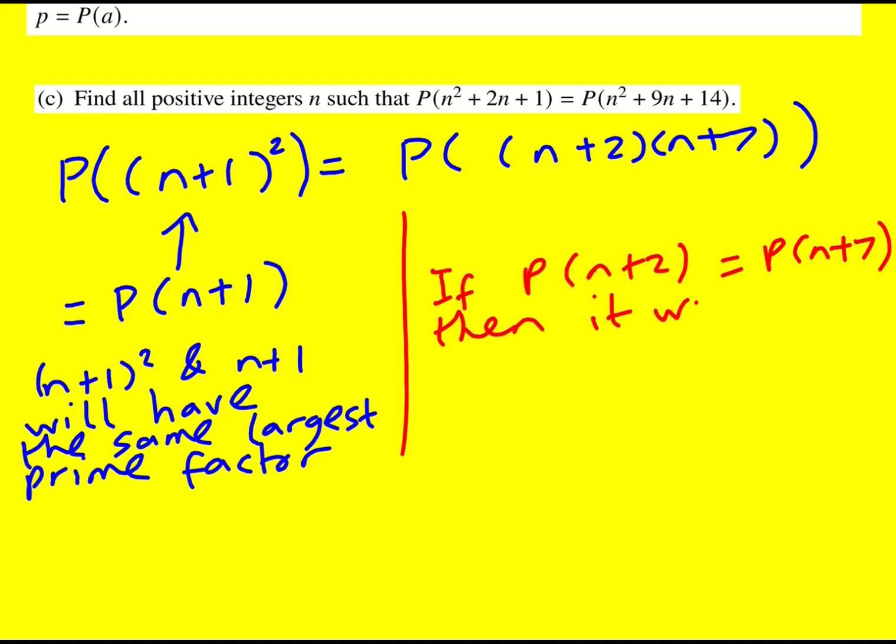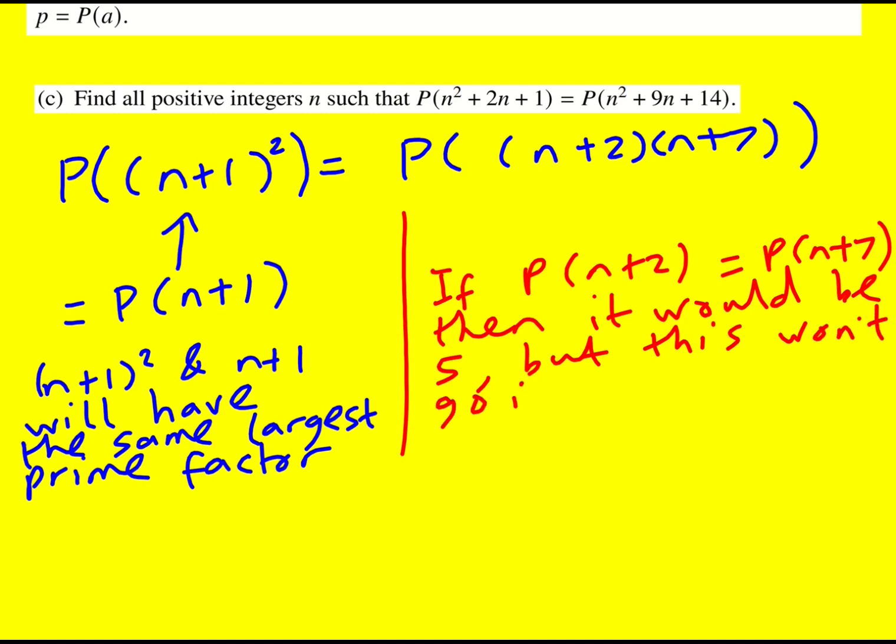Then it would be 5. But this won't go into n plus 1. If 5 goes into n plus 2, there's no way it's going to go into n plus 1. So I'm just getting that one out of the way.